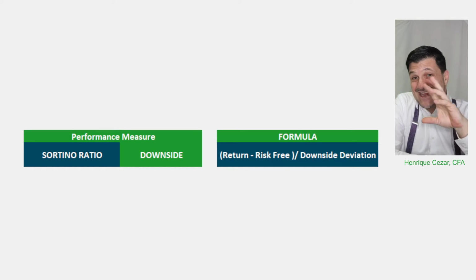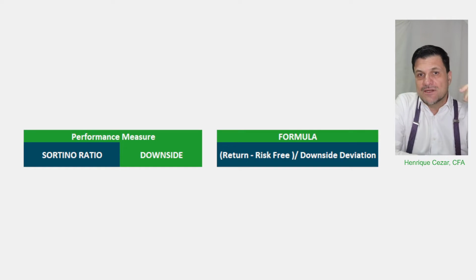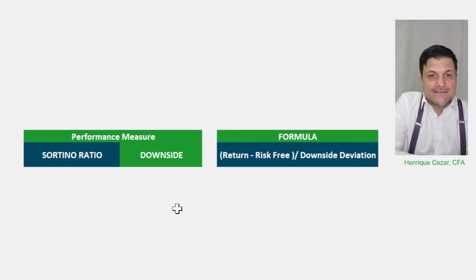It doesn't say anything about what happens to the returns that were above the expected, just the ones below. So again, it's a very specific performance measurement, and it doesn't capture the whole range of qualities that a portfolio manager will have, because it's just taking into consideration the downside deviation.